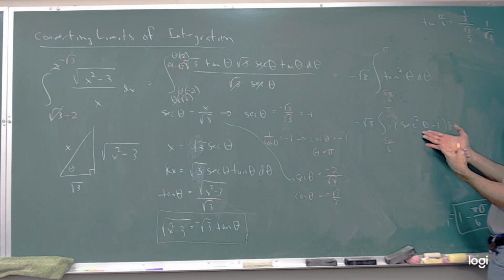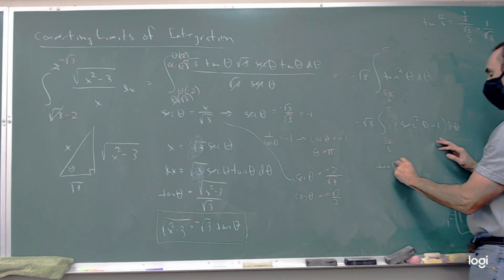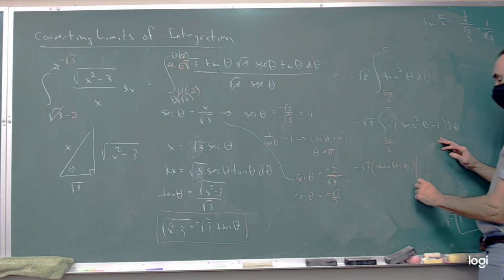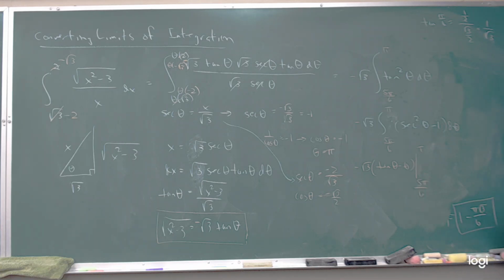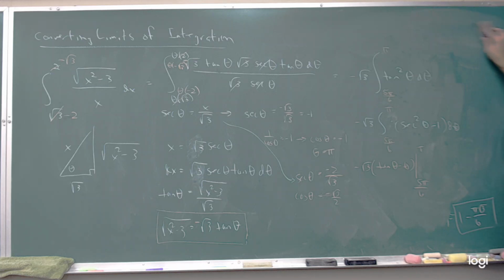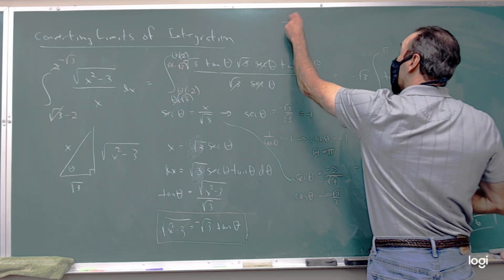We're still getting tangent of theta minus theta. And now we're multiplying by a negative square root of 3. And now we're evaluating from 5 pi over 6 to pi. This is more complicated because now we have a negative square root of 3.